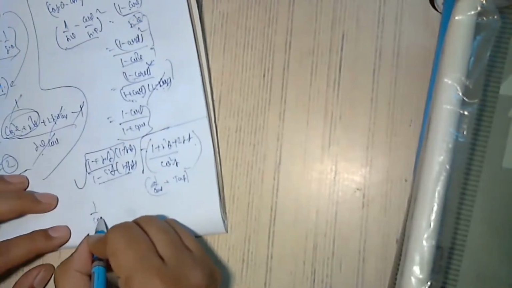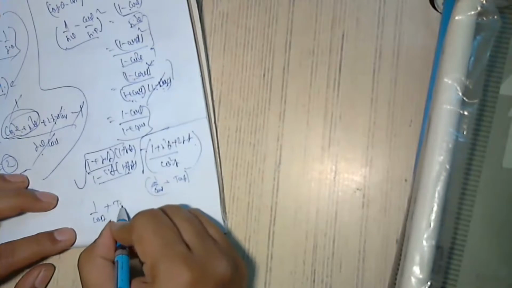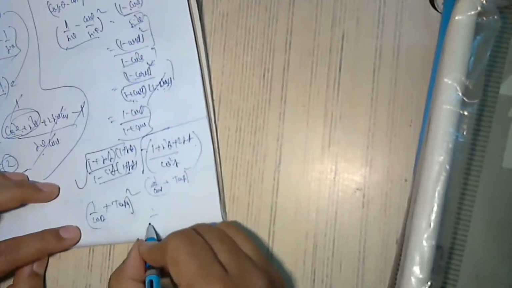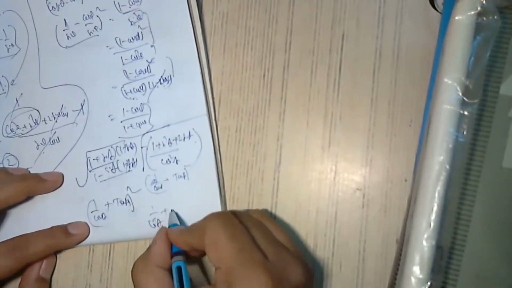So if you observe this cleanly, what is this? 1 by cos a plus tan a whole square. How do we get 1 by cos a whole square? 1 by cos square a. Tan a whole square is tan square a.